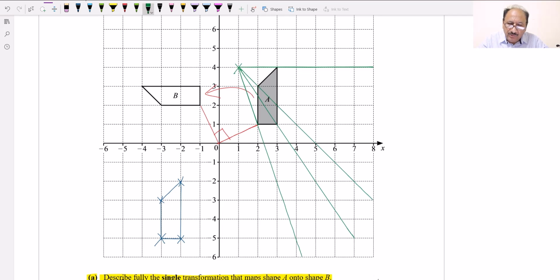So we can count 9 units, 1 2 3 4 5 6 7 8 and 9 units. So we reached over here. One point is this one, and the second point is this one, and we can draw this line, and this will be the line.